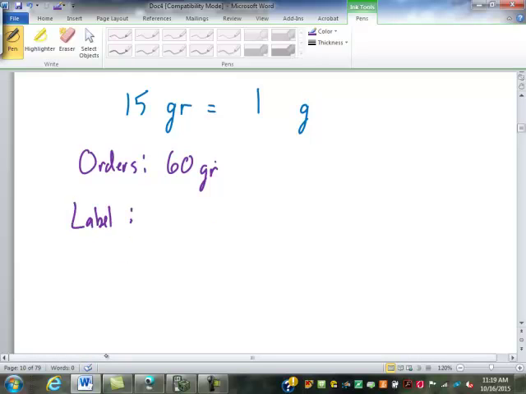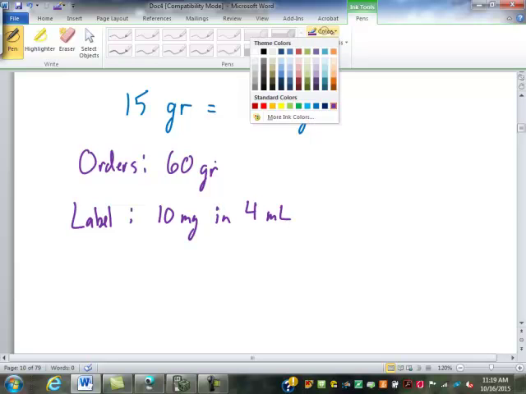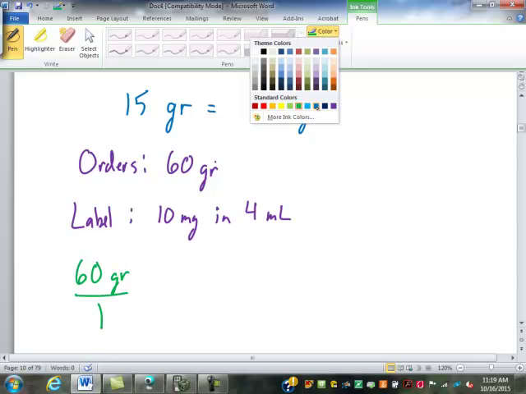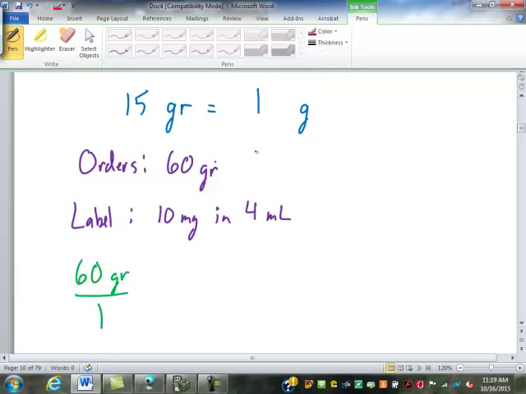The label states 10 milligrams in 4 milliliters. We have a lot of issues to deal with here. We are going to start out with the doctor's orders, 60 grains over 1. But the vial says nothing about grains, it says milligrams.